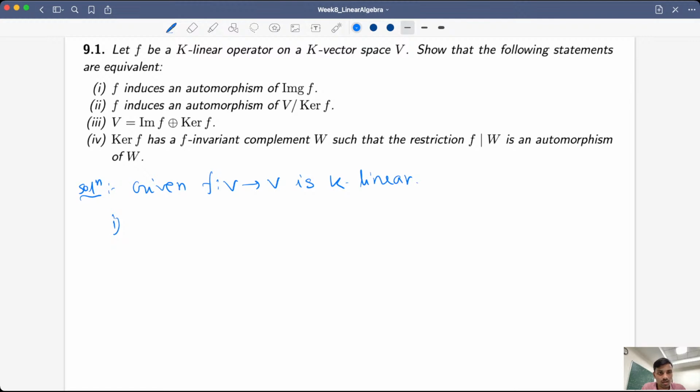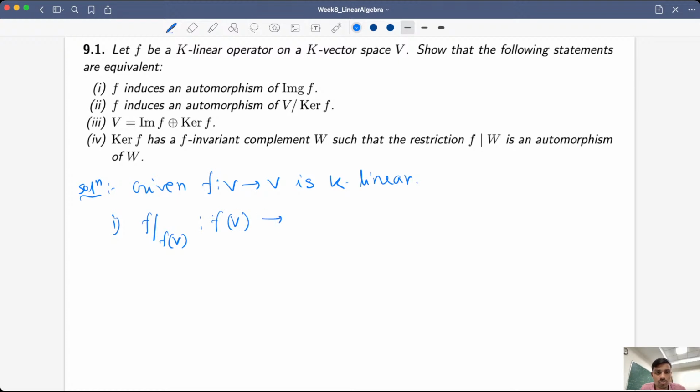So that means f restricted to image of f. Image of f is nothing but the whole image of V under f, so let me write that. So it is restricted to f of V. Then it is a map from f of V to f of V, because it is saying this is an automorphism.